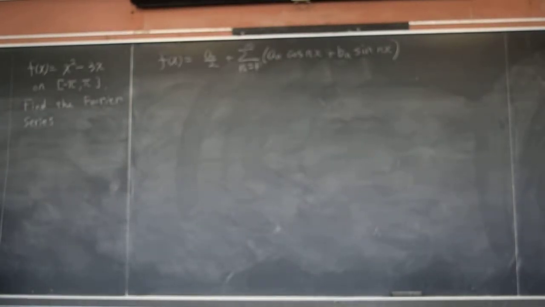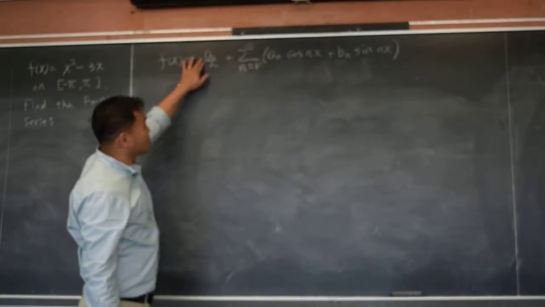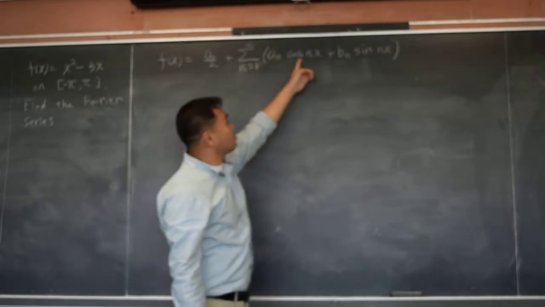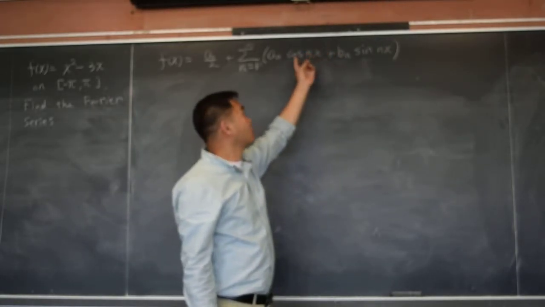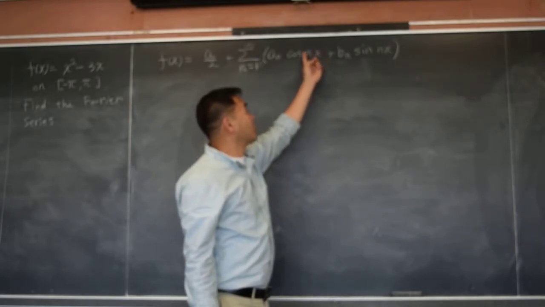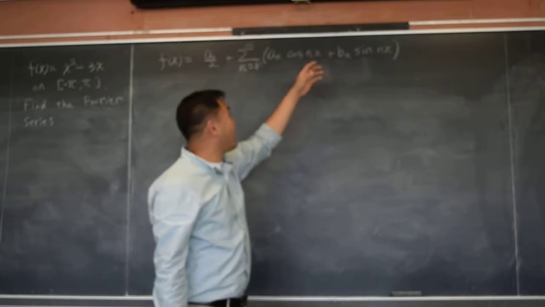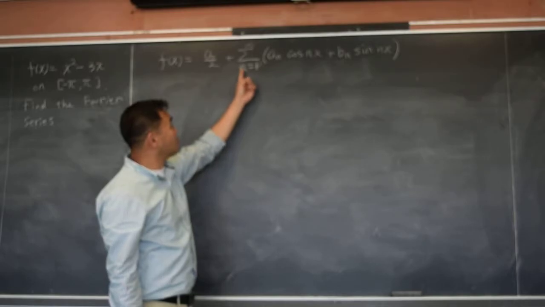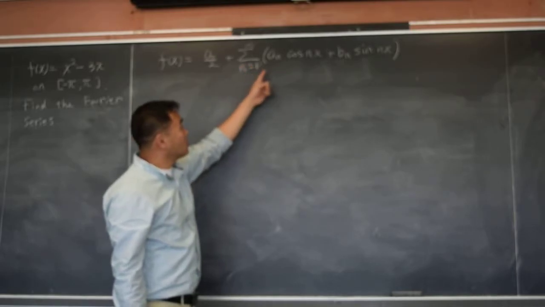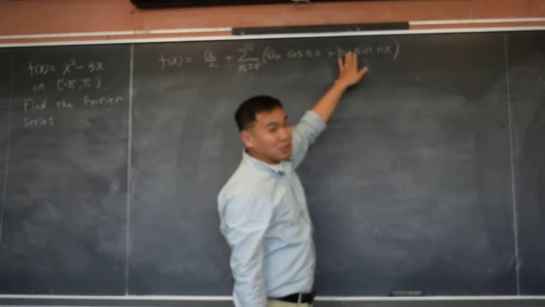And you might wonder, where did this a0 over 2 come from? Well, what is cosine 0 of x? Well, 0 times x is 0, so cosine 0 will be 1. So when n is equal to 0, you will get a0 times 1, and because sine 0 is 0, you won't get b0 at all.